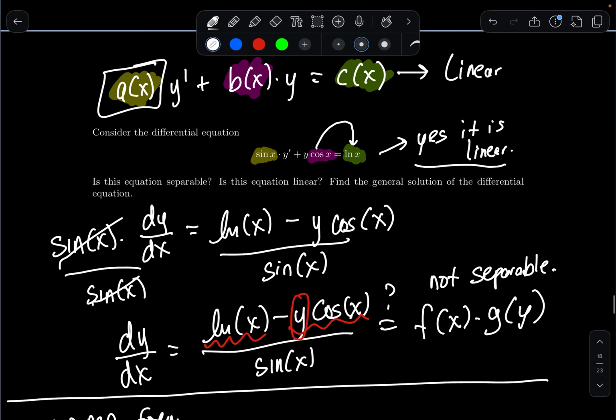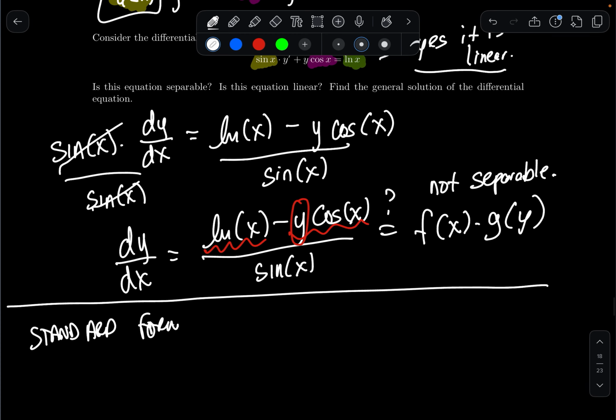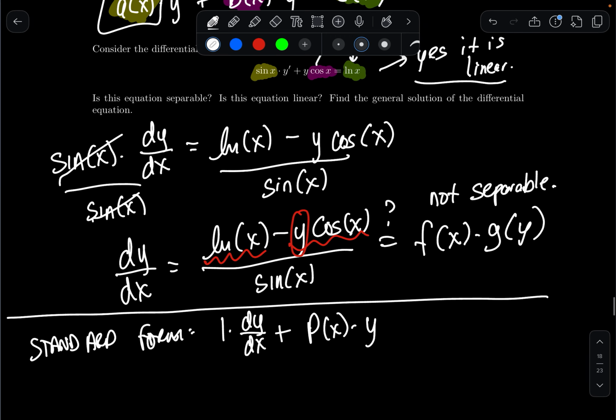So you're essentially going to clear coefficients, and you will get this. 1 dy dx plus some function of x times y, which that function of x we called p of x, equals q of x.